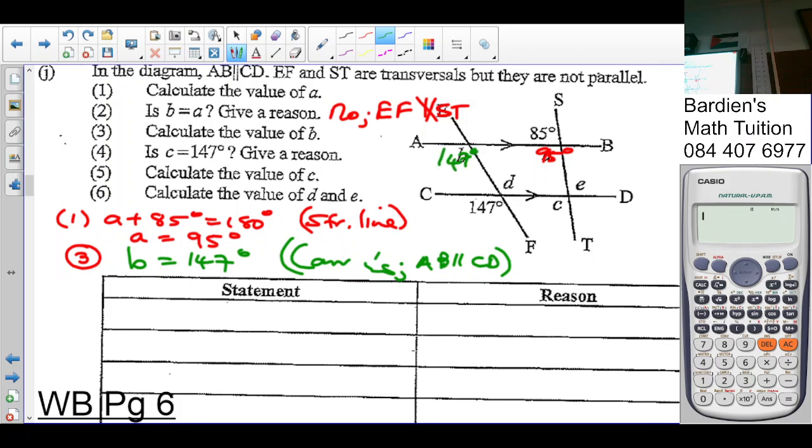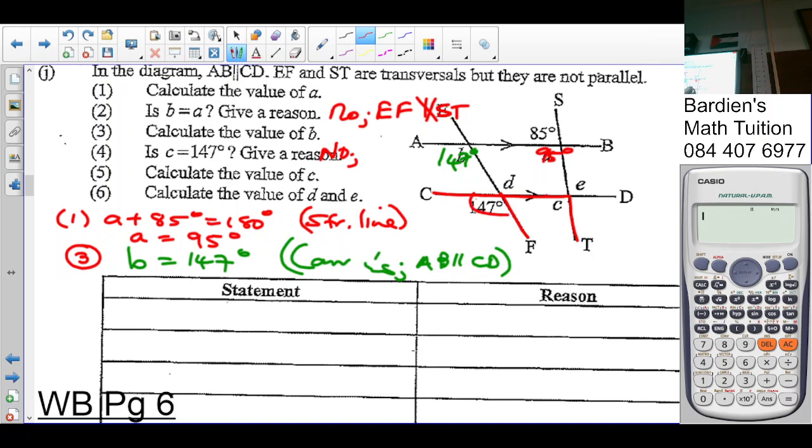Then it says in number 4, is angle C equal to 147? No. That is no. Why? They're not corresponding. Can you see here?